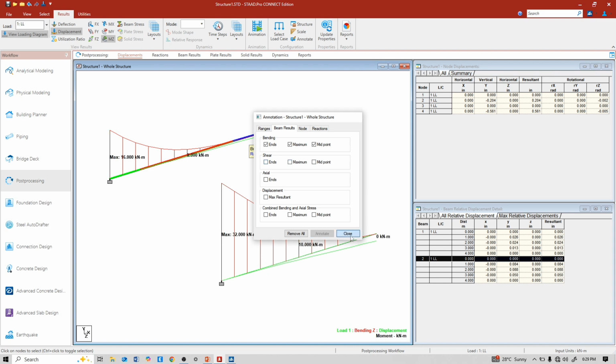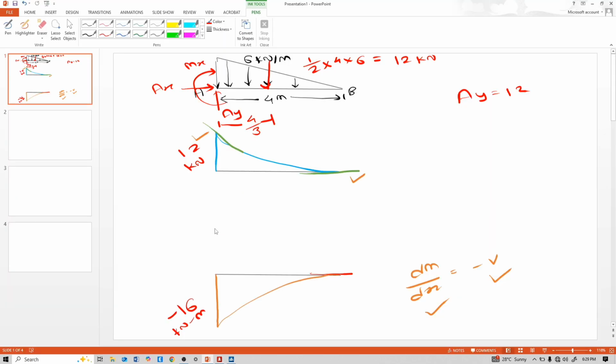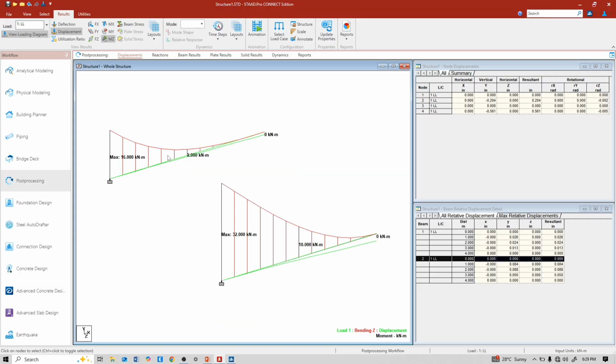See, moment is directly half. See, this is minus 16, this is 16, and this is 32.